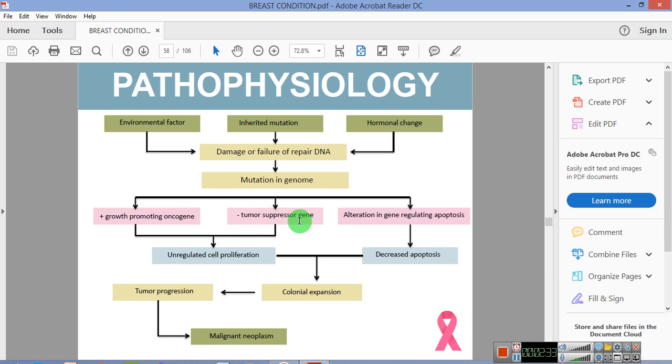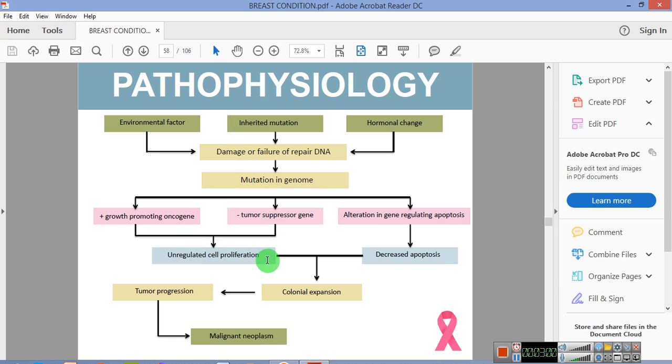Reduced tumor suppressor gene by mutation and alteration in genes regulating apoptosis, then decreased apoptosis.